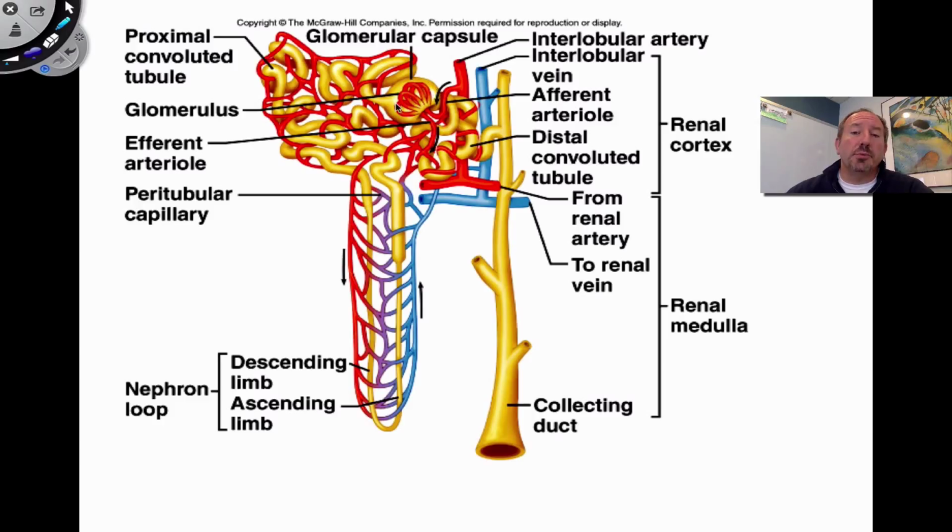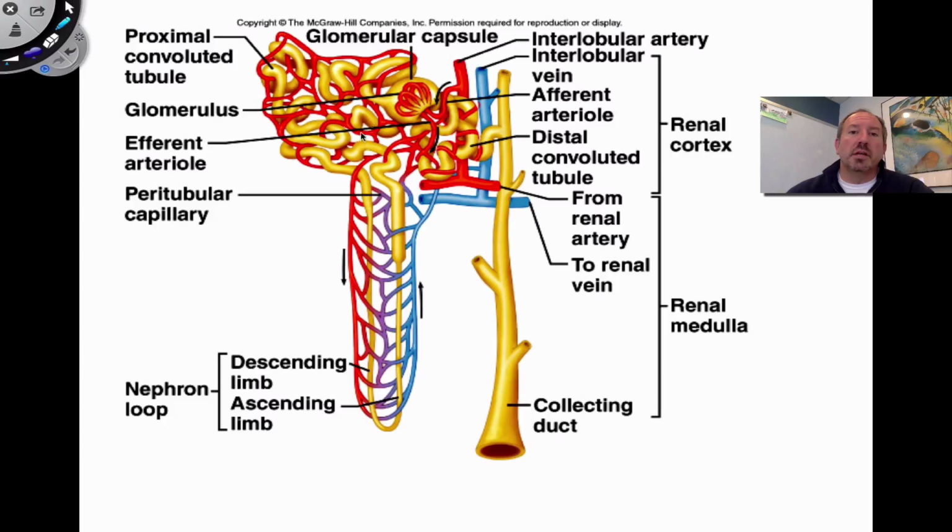But the renal tubule is different than the blood vessel. The renal tubule is shown here in yellow. The tubule, which completely surrounds the glomerulus, the Bowman's capsule, then connects to this long tube called the proximal convoluted tubule, because it's very windy, convoluted.